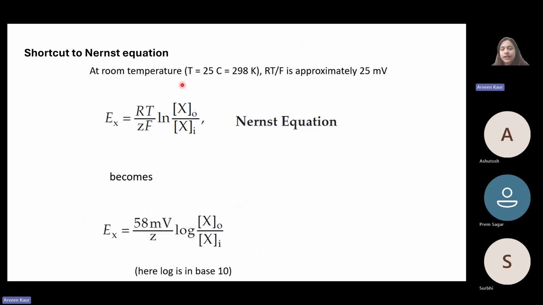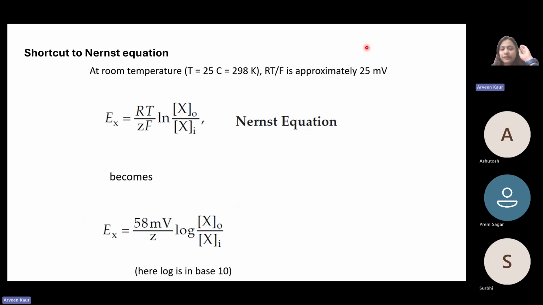We can further cut it down because, as I told you, we are always considering temperature as standard room temperature, which is either 25 degrees Celsius or 298 Kelvin. So RT by F, because we have two constants R and F, and T, if we always consider it as 25 degrees Celsius, is approximately 25 millivolt, right?